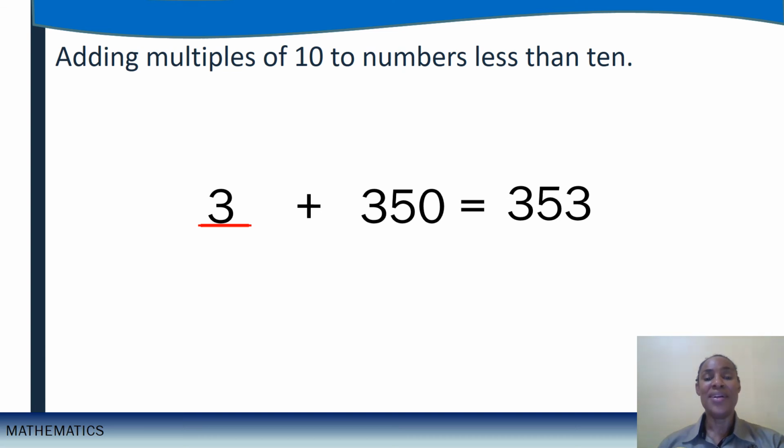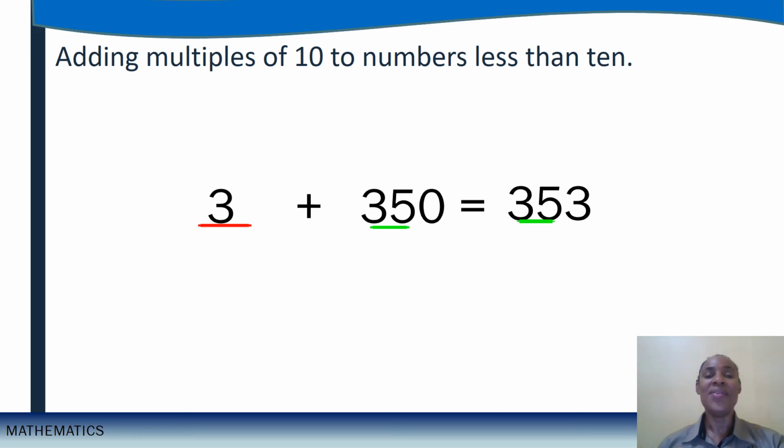Amazing, boys and girls. If you said you looked at the multiple of 10 and realized that you have 3 and 5 in the 100 place, and that comes back in the answer, that's a great observation.